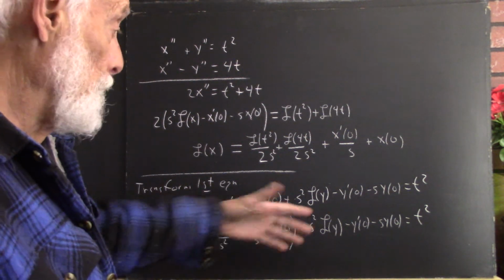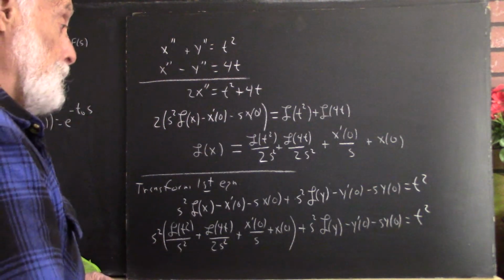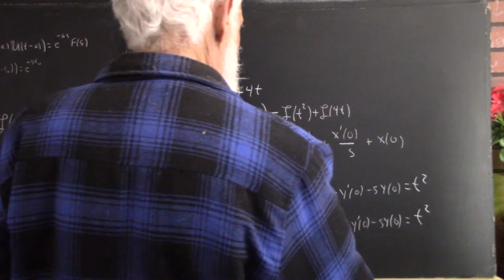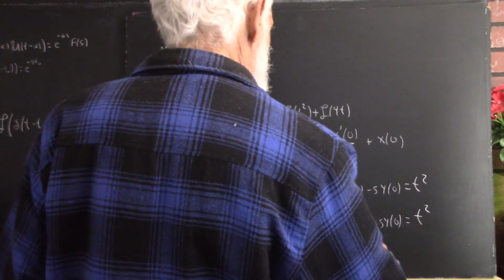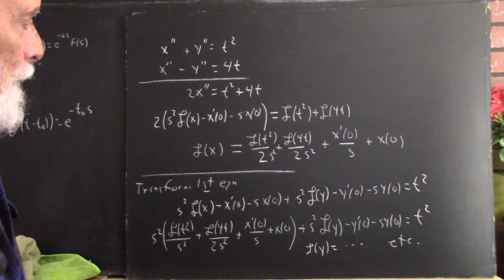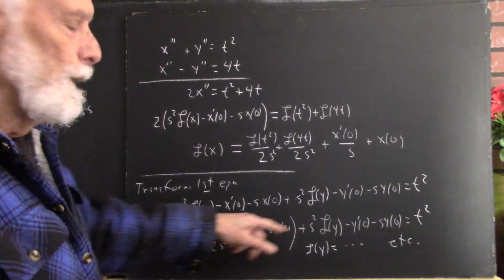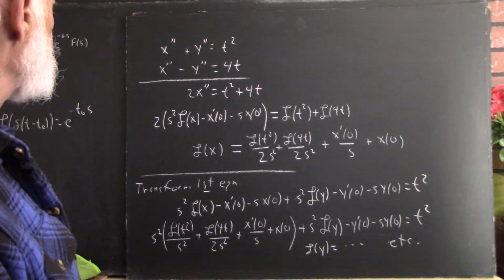All the other Laplace transforms, again, are just expressed in terms of x and numbers. So we get L of y equals, it's a big long mess, but it's just single terms that are easy to inverse transform.